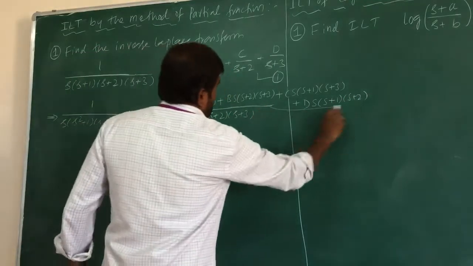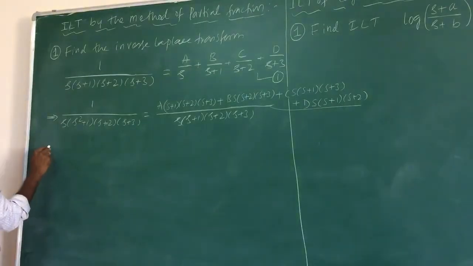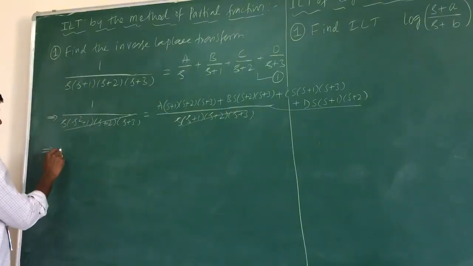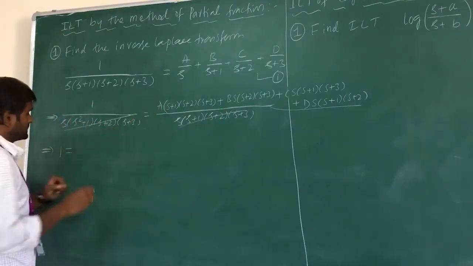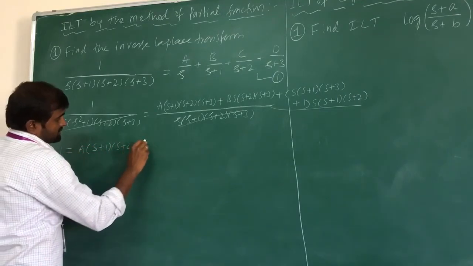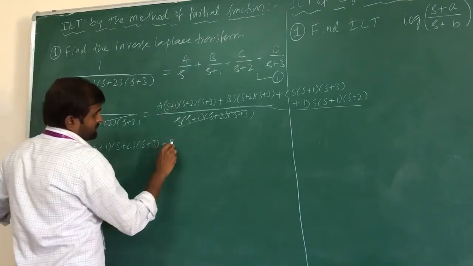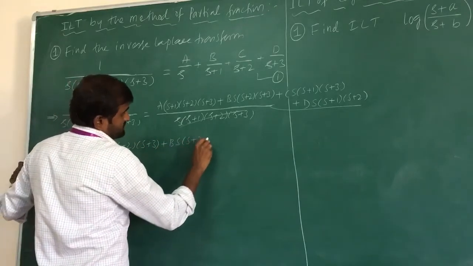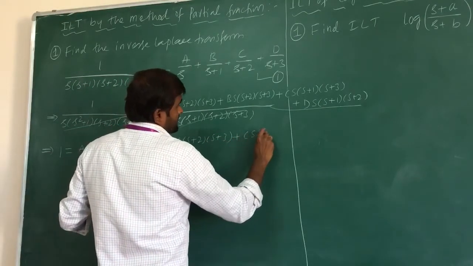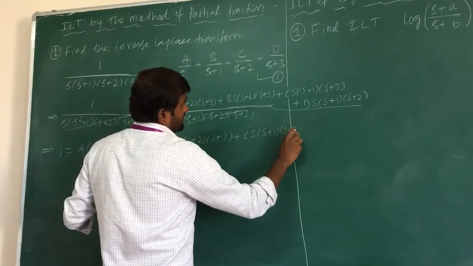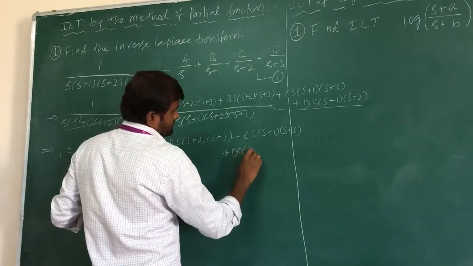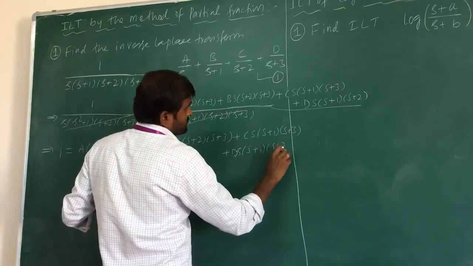Now the denominators on both sides get cancelled. Numerator equals numerator: 1 equals a into s plus 1, s plus 2 and s plus 3, plus b into s into s plus 2, s plus 3, plus c s into s plus 1, s plus 3, plus d s into s plus 1 and s plus 2.